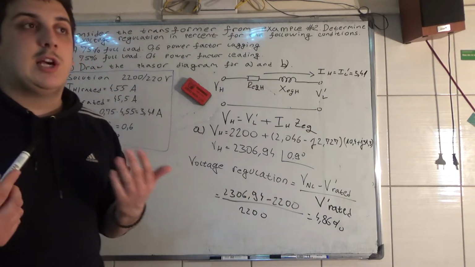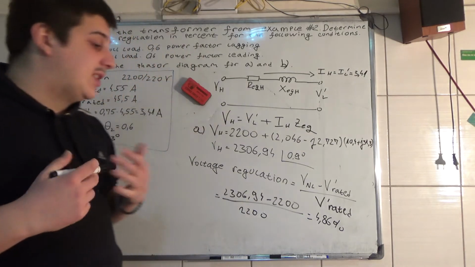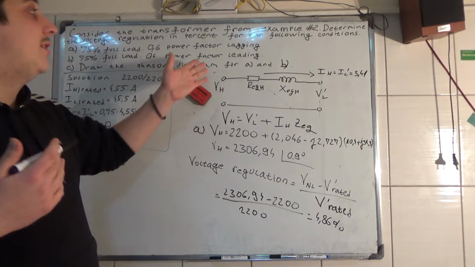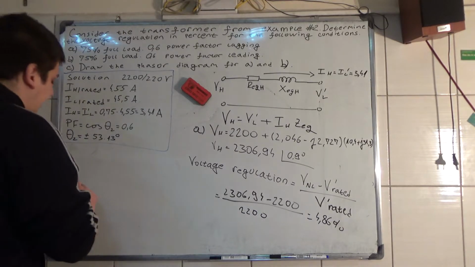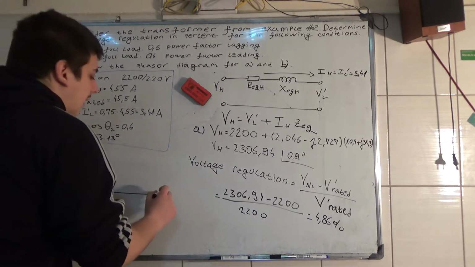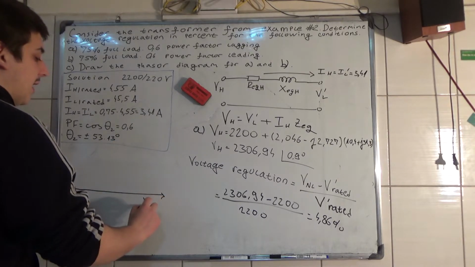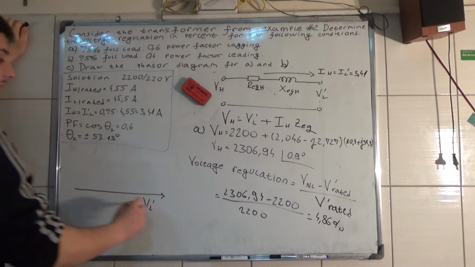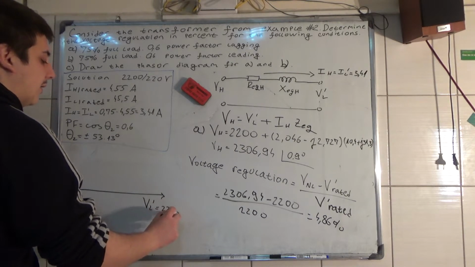Now let me draw the phasor diagram for this situation. So now we have the referred load value, VL prime, with an amplitude of 2200.